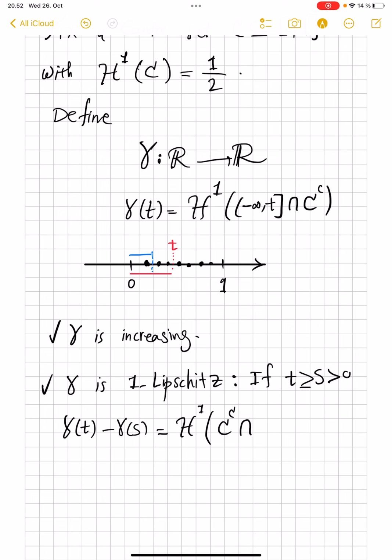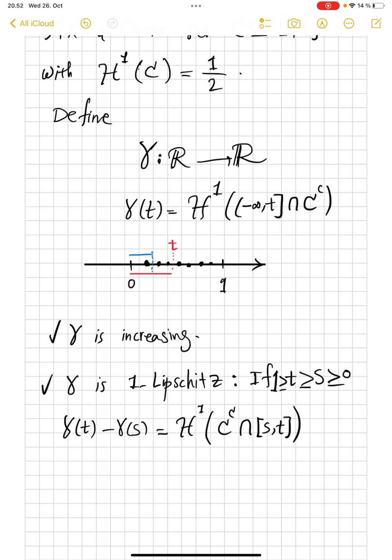So again, without loss of generality, I only need to consider between 0 and 1. After 1, the function gamma actually becomes constant. So this will be from S to T at most.